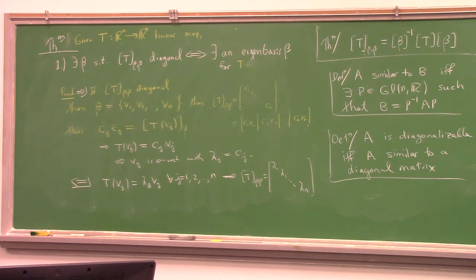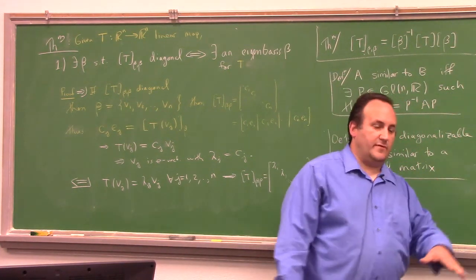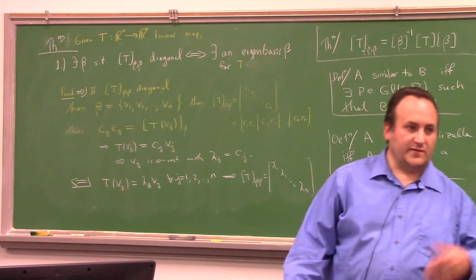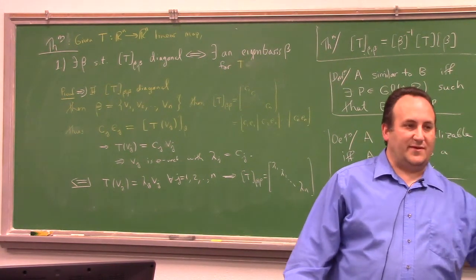All non-zero, with lambda 1 equal to 1, lambda 2 equal to 2, lambda 3 equal to 3, all right? So suppose you have a 3 by 3 matrix, you have 3 eigenvectors with 3 distinct eigenvalues, right? What does that mean?